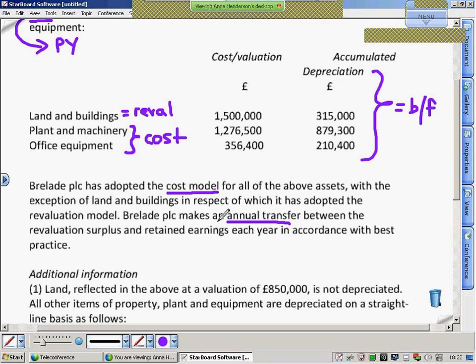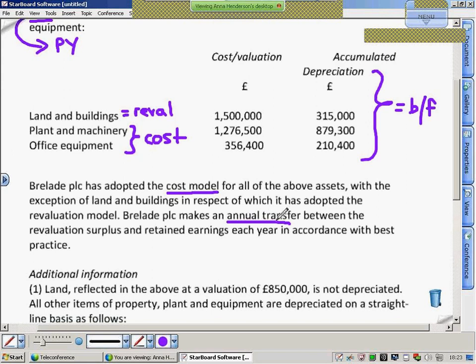If the question is silent on the matter, given it is best practice under IAS 16, you will essentially be awarded marks for doing the annual transfer regardless. What you mustn't do is, if the question says, for example here, that the company does not choose to make the annual transfer, waste time doing it, as you won't pick up any credit for it.